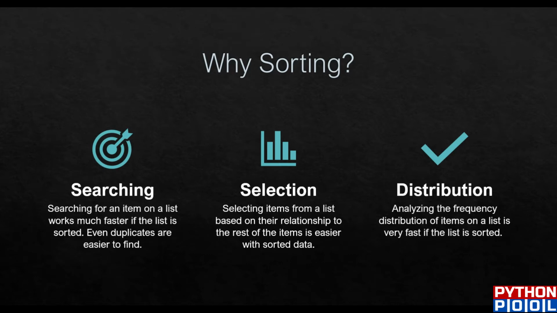So what would you do? You would first sort the list and you would see which duplicate element you need to find. And then you would just refer to the middle of the list or the beginning or the end of the list, depending upon your list data and your requirement. So searching and removing duplicates are very easy with sorting.